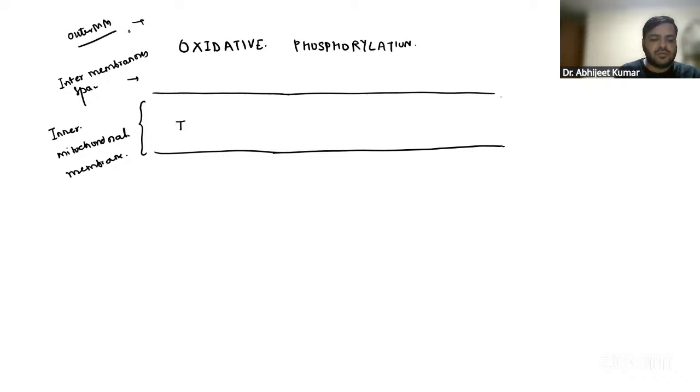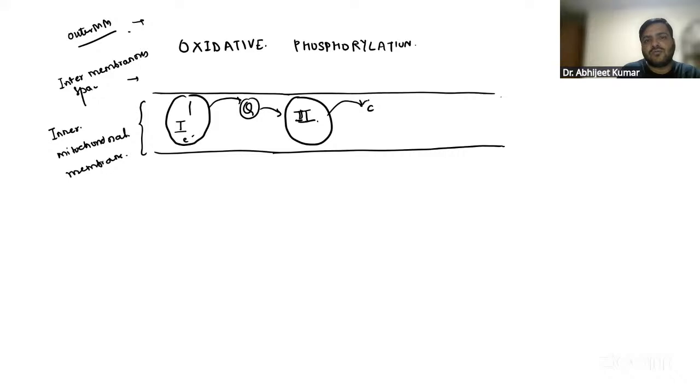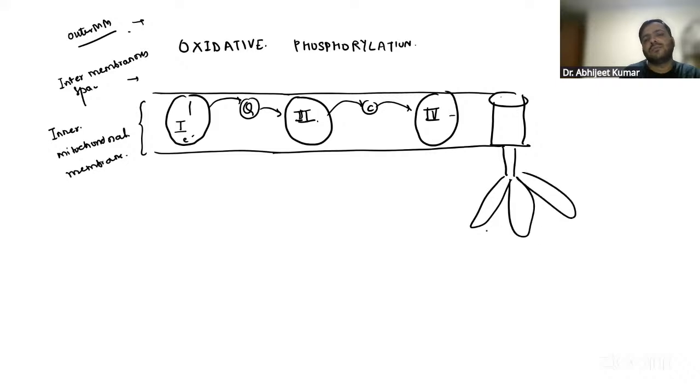So we have this complex 1. The electron is carried by this Q component to complex 3. Then we have cytochrome C, then the fourth complex, and ultimately the F0 and F1 particles, with the 3 beta particles.